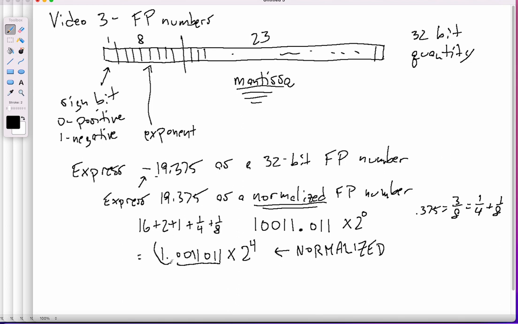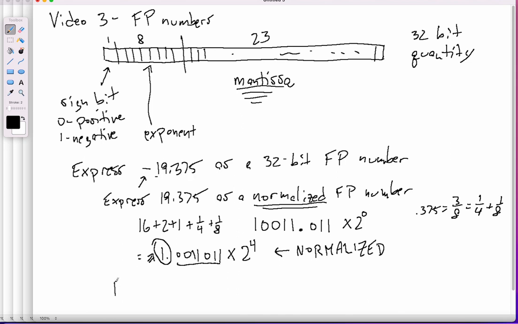This leading 1 does not get stored. We always assume that there is a 1 to the left of the decimal point. Remember, whenever we normalize things, we want exactly one non-zero digit to the left of the decimal point. Well, if we're working in binary, there is only one number that could be, and that is a 1.